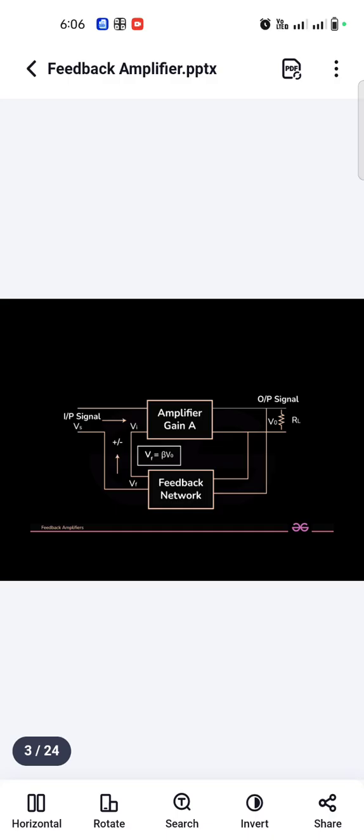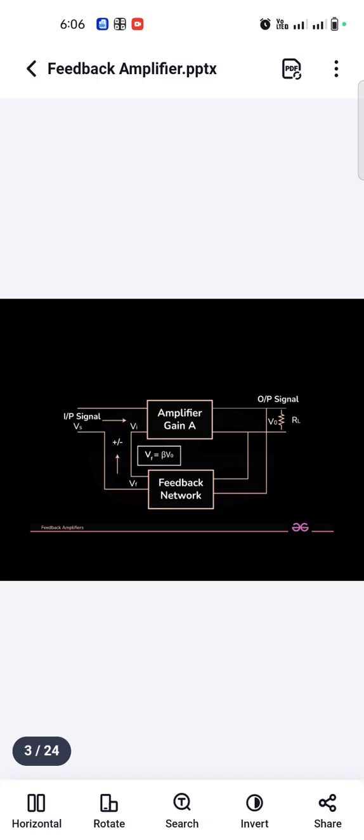We are unable to change the variable if it is open loop. Closed loop is the feedback amplifier, with a feedback signal. In the feedback signal we can change the output, whatever output we need, using the feedback factor.